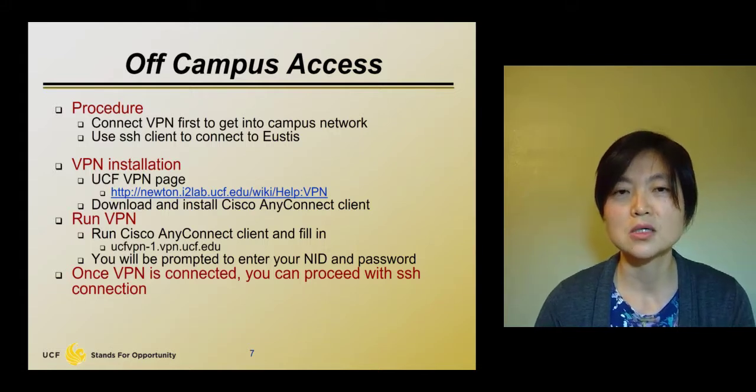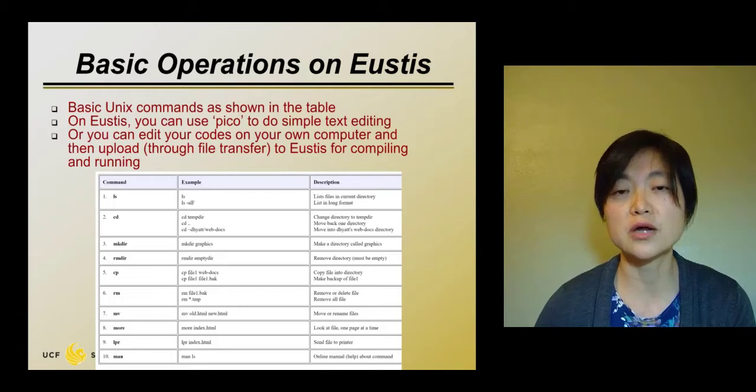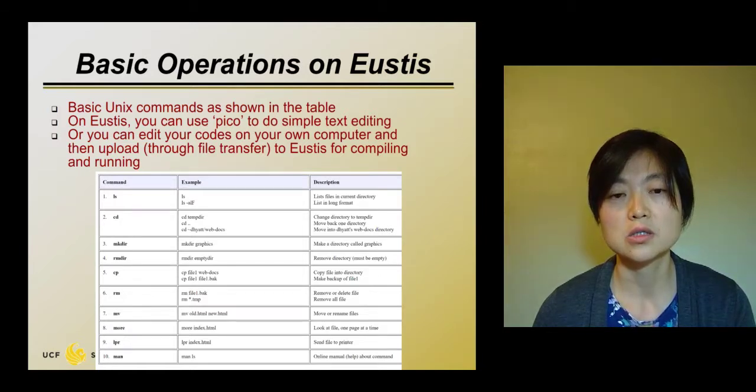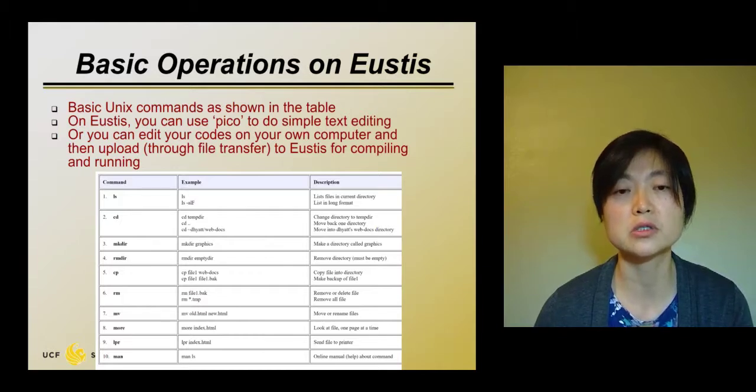Assuming everything goes right, you can log into Eustis, either using PuTTY or MobaXterm or any SSH client. Then you open a command line terminal of Eustis. Eustis is a Unix server, so therefore the basic Unix commands can all be used.